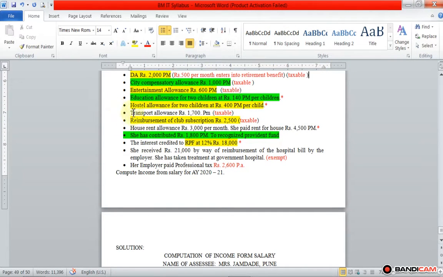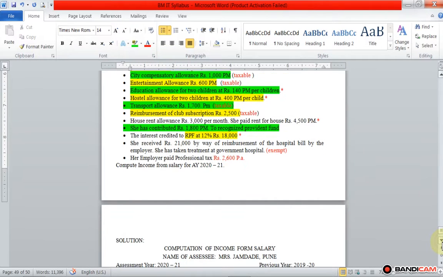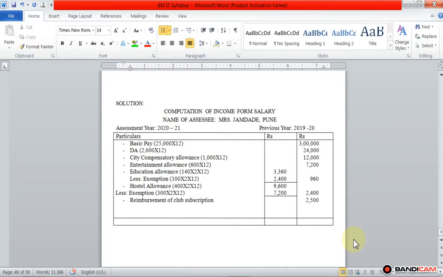So transport allowance is fully taxable, and we add it to the salary. Transport allowance amounted to rupees 1,700 per month multiplied by 12.